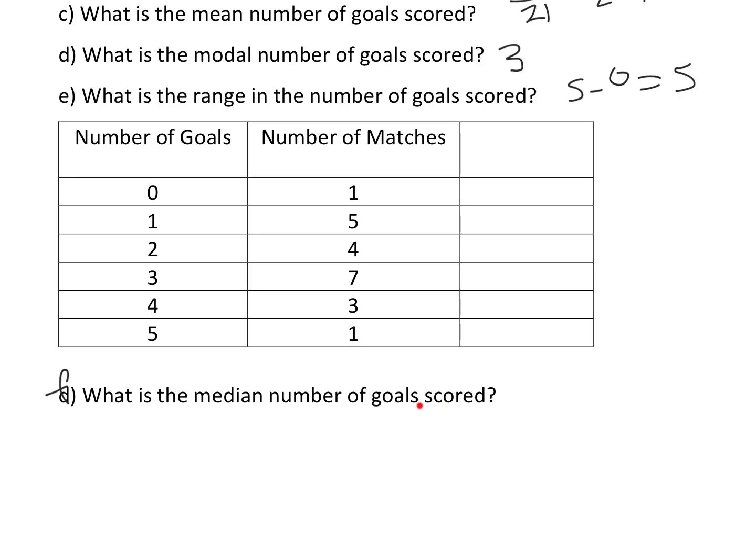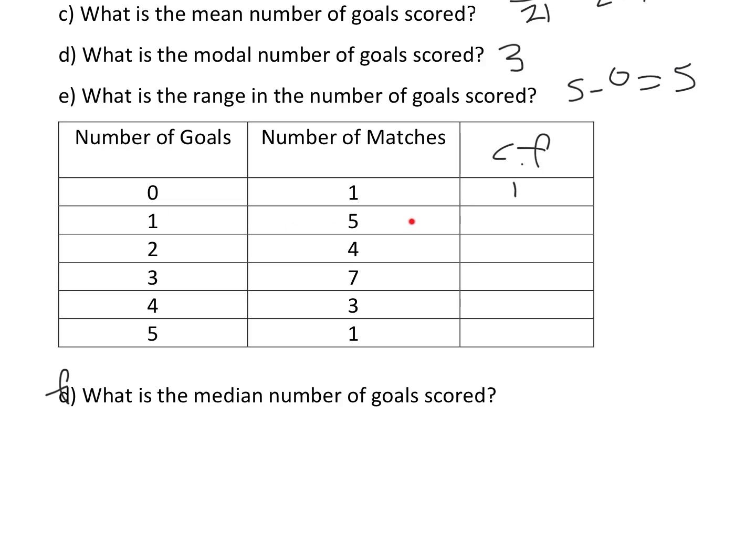So what's the median number of goals scored? Well, I'm going to do what's called a running total. You might do this in more depth, cumulative frequency, in a week or two. So cumulative frequency is the running total, and in the first case, it's saying how many matches had no goals scored, which is 1.